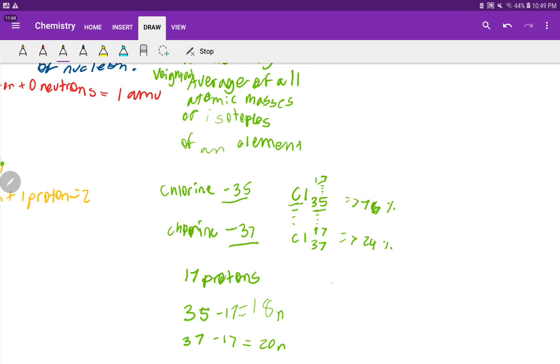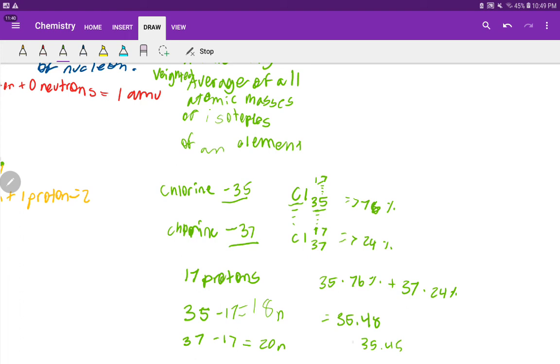So in this example, it would be 35 times 76% plus 37 times 24%. And this is equal to, if you put it in the calculator, approximately 35.48, which is very close to the actual value of 35.45.